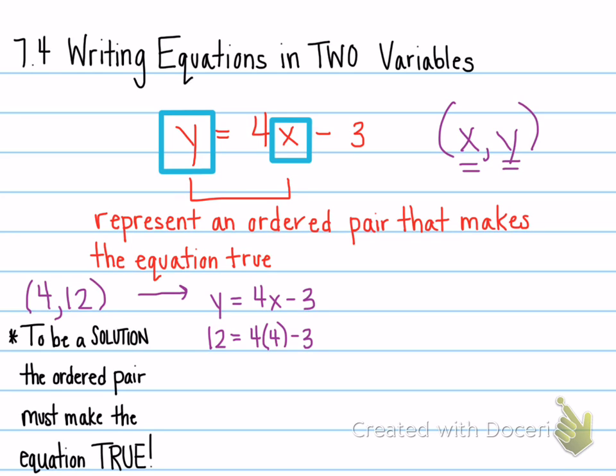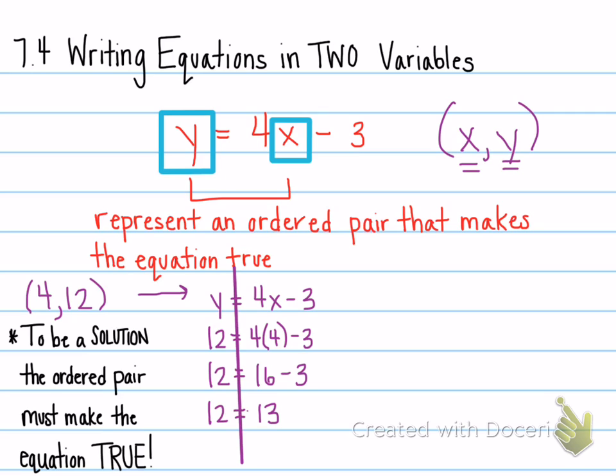Now, just like we've done in the past, we can draw that line down the center and keep solving each side to see if it turns out true or not. To be true, that means they have to actually be equal. 12 stays 12. I have 4 times 4 is 16 minus 3. 12 equals 16 minus 3, which is 13.